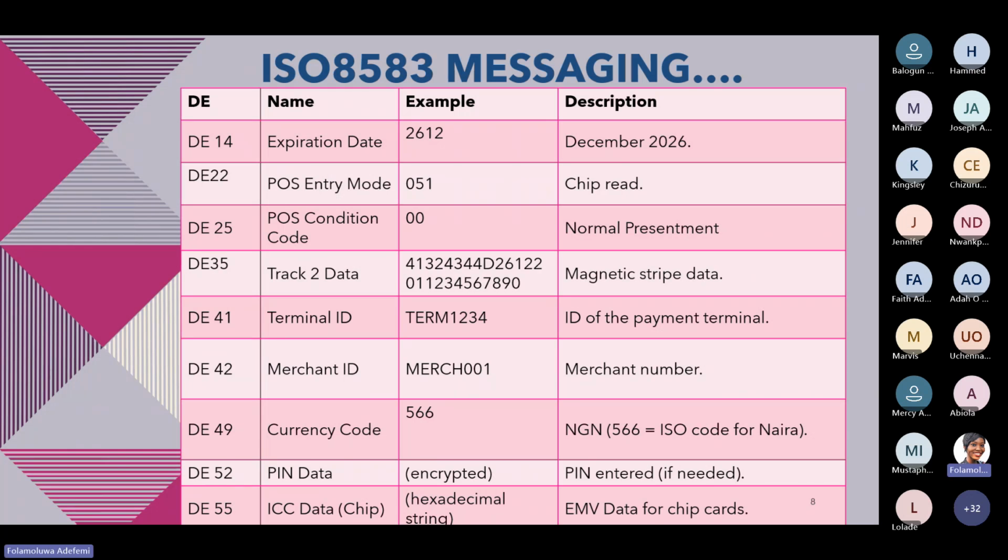So why is this important? Pretty much like the POS entry mode, it also helps to define and apply different fraud rules and security rules on different transactions. It also helps with risk profiling because, based on the different environments that accepted this card, there are different things that have to apply.